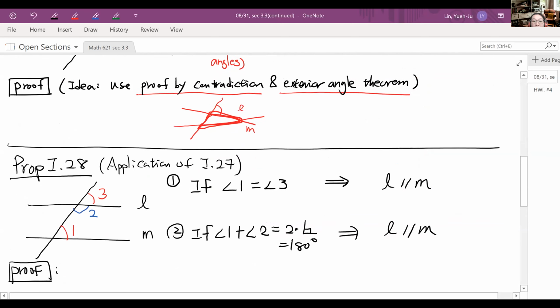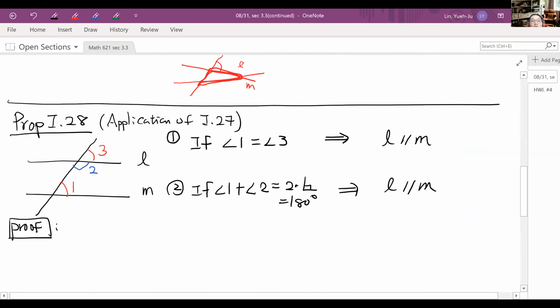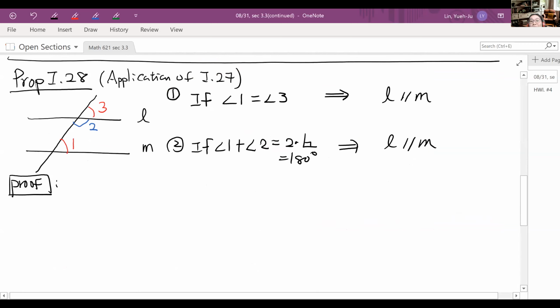For the next couple of things, especially proposition 1.28, it's a direct application. It's actually super easy if we have 1.27. That's why I say it's an application of 1.27. The statement is the following. There are two parts for 1.28. The first part is that if angle 1 in the picture is equal to angle 3, then the two lines, L and M, are going to be parallel.